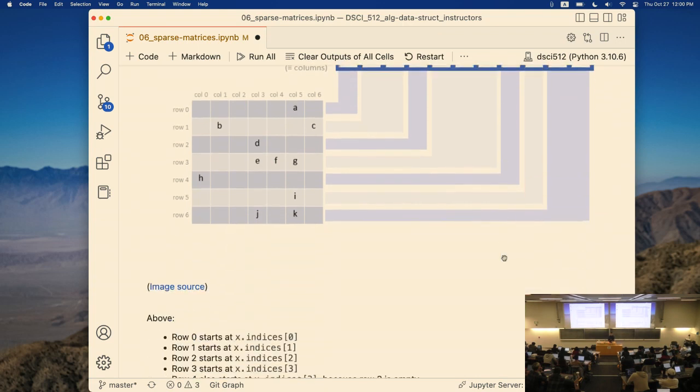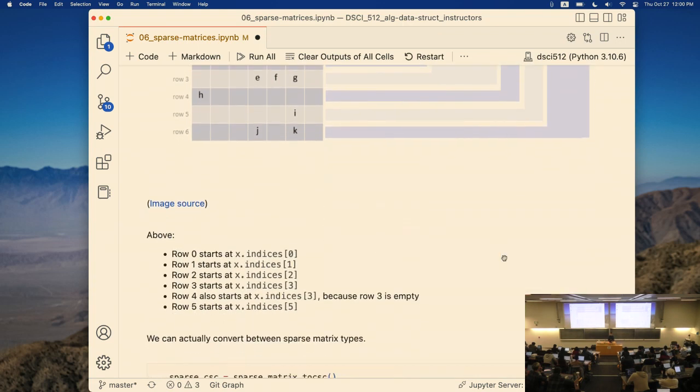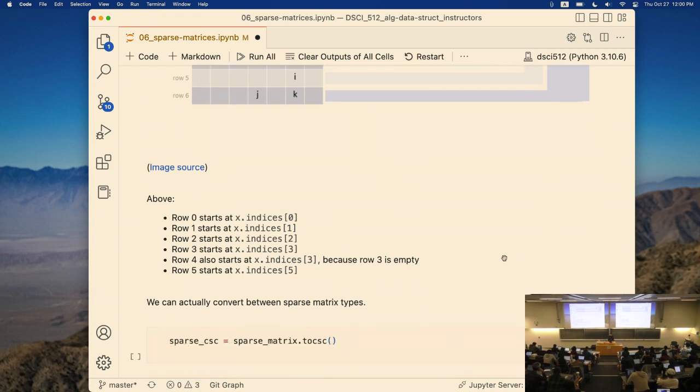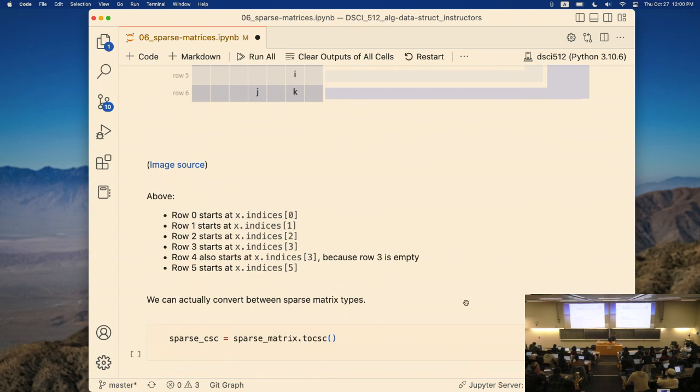So the important takeaway here is, again, to know the implication of using a particular data structure for doing those operations that we're interested in, compared to using another data structure, which is the whole theme of this course.